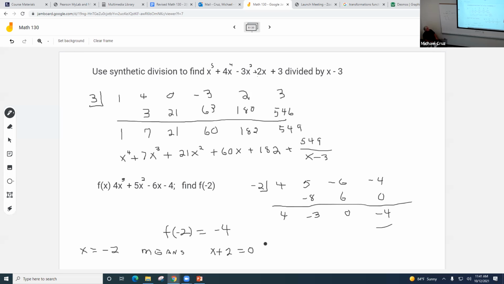So functionally, it's the same thing as dividing 4x cubed plus 5x squared minus 6x minus 4 by x plus 2. It's just that they're handing it to you as a solution rather than as that factor.